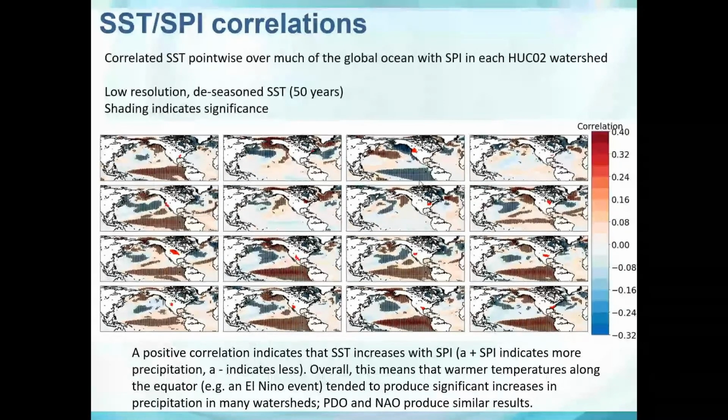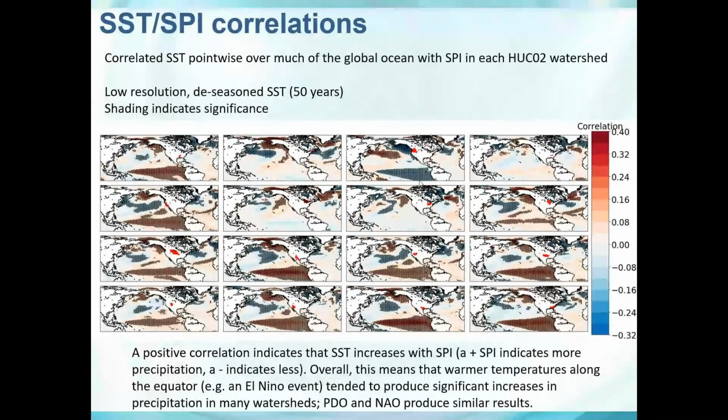A positive correlation indicates that the sea surface temperature increases with SPI. So remember, a positive SPI is going to indicate more precipitation. What this means is that warmer temperatures along the equator, where we see this ENSO-like pattern, is going to produce significant increases in precipitation across many of these watersheds.